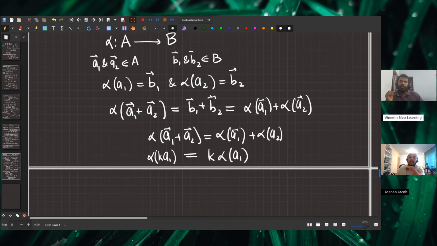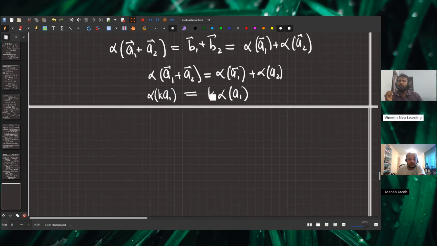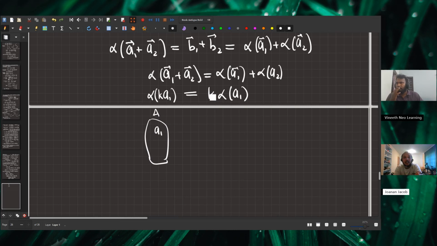You get the idea? If this is our first vector space A, and A1 is an element in A, we should start from vectors and groups, because then these affine transformations will make more sense.